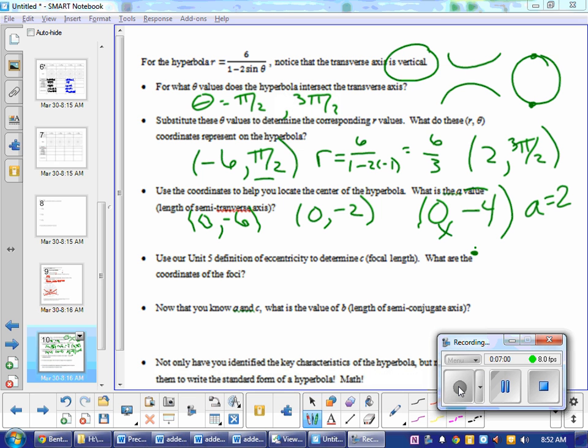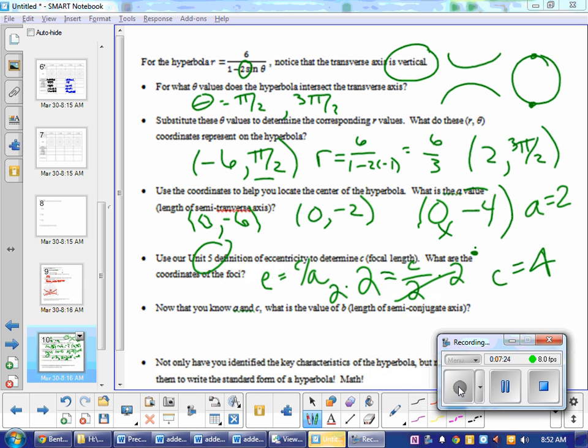So that's our old definition, which is that E equals C over A. And from the equation, we know that E is 2. The eccentricity is 2. And A, we just figured out, is 2. So then cross multiply to figure out that C is 4.